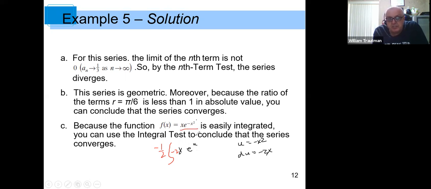And now it does. So this is the du part. So the derivative of e to the u is e to the u du. So we end up with negative 1/2, e to the u is a negative x squared, du is a negative 2x. And we see all this cancels out. So we should have got that.